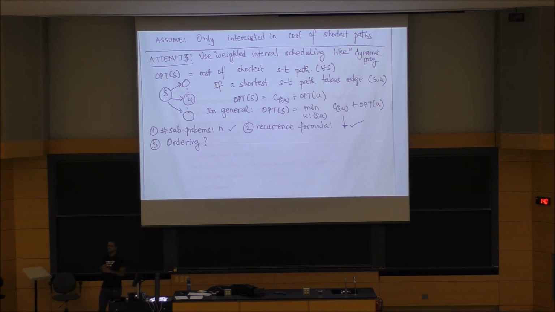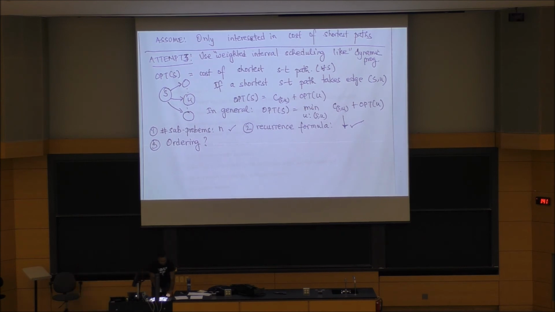By any chance, do you see what the issue might be? Right. So the problem is if you have an edge from S to U and an edge back from U to S, you'll have a cyclic relationship in your recurrence relation. So let's make this precise.